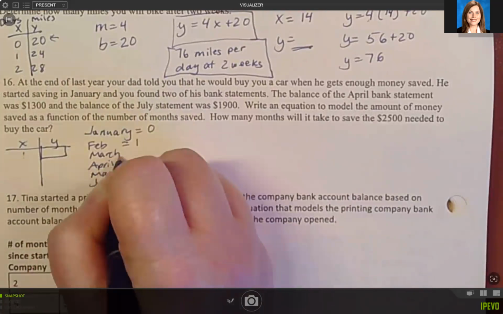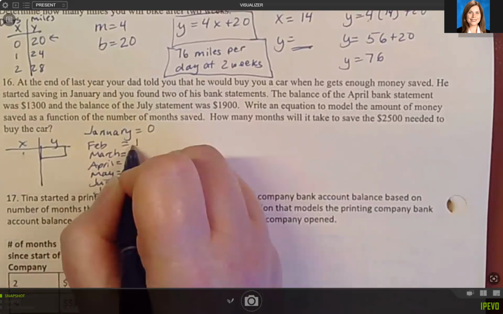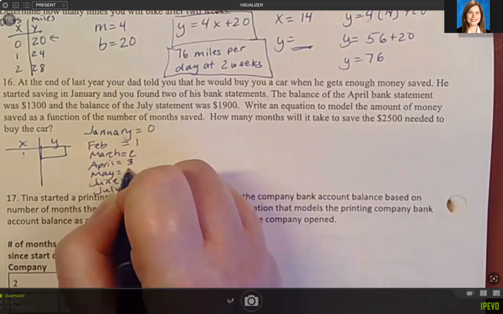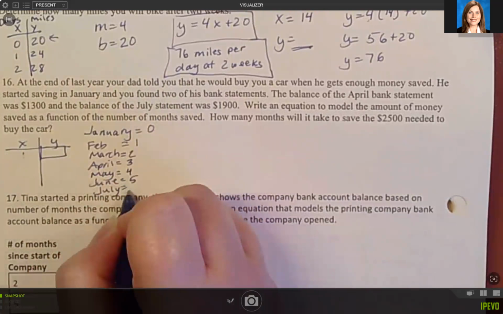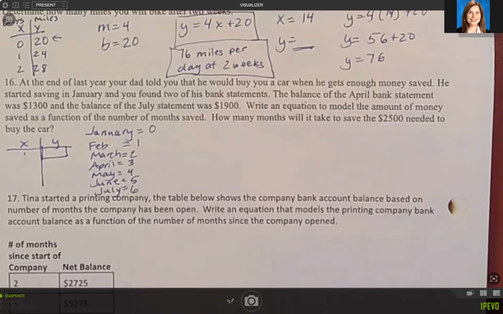February is 1. March is 2, April is 3, May is 4, June is 5, July is 6. It's a little different. I wish we would have started saving in December just to make it easier, but that's okay.